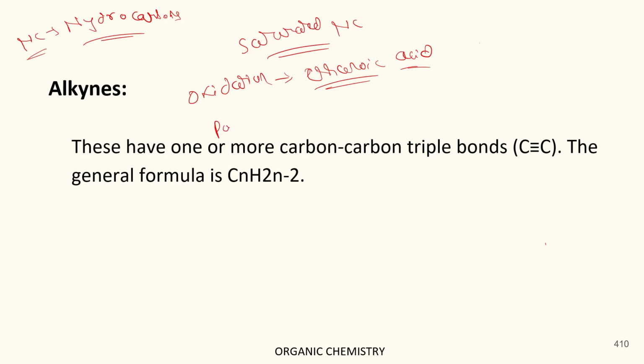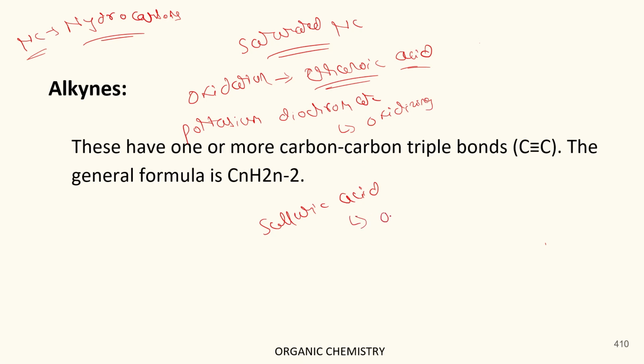For this process, we use potassium dichromate and sulfuric acid. Basically, potassium dichromate is used for oxidizing the reaction, and sulfuric acid is used to acidify the solution.